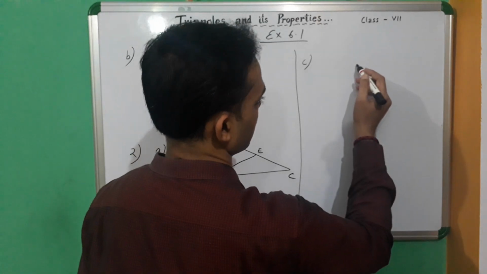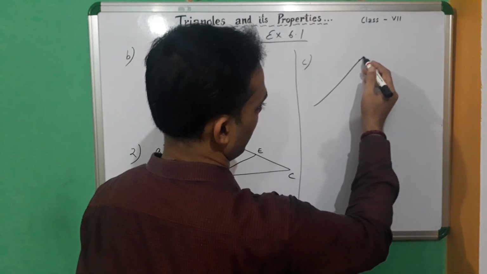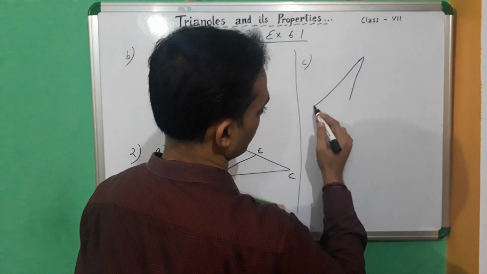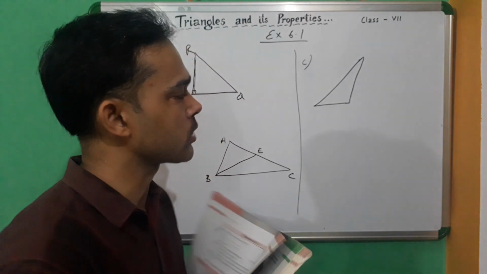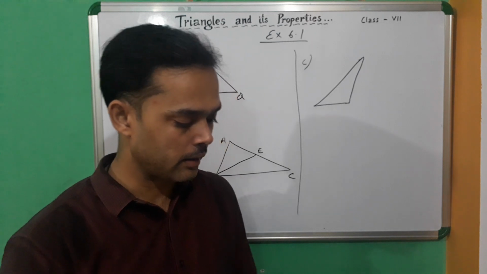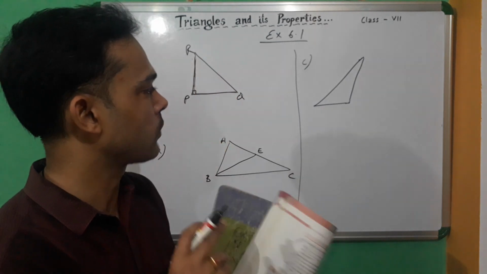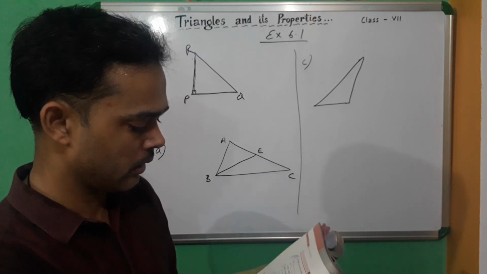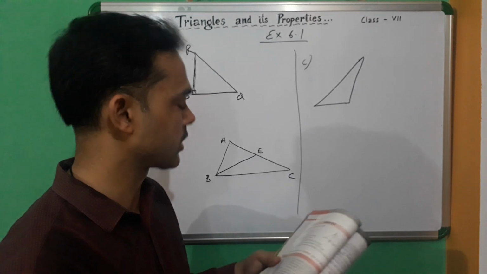So it is exterior of the triangle, it means that it will be what kind of triangle? It will be obtuse angled triangle. Now it is obtuse angled triangle I have drawn, and since it is obtuse angled triangle, the exterior altitude will be lying in exterior.